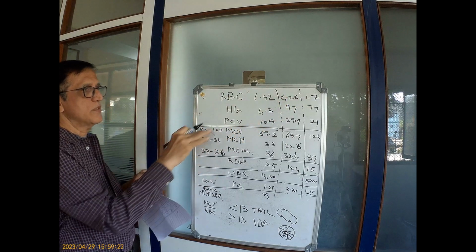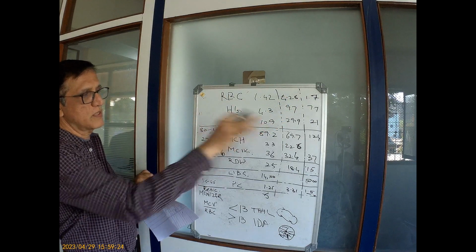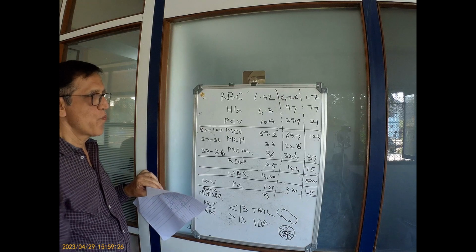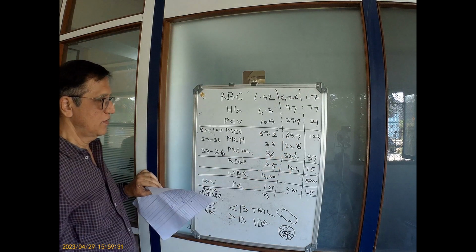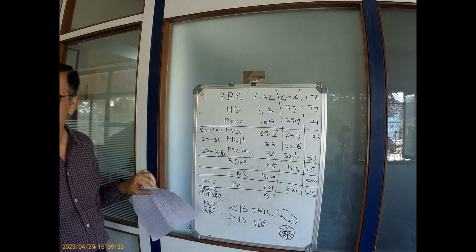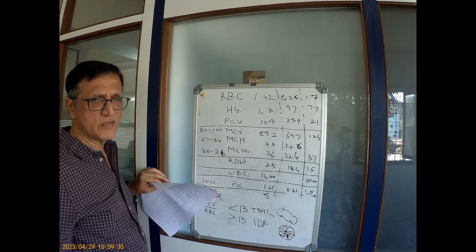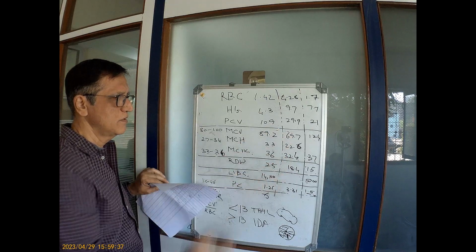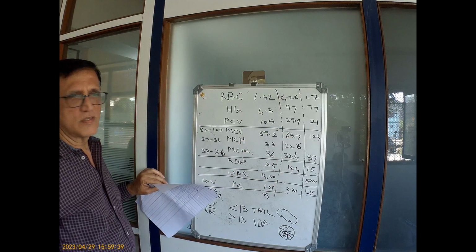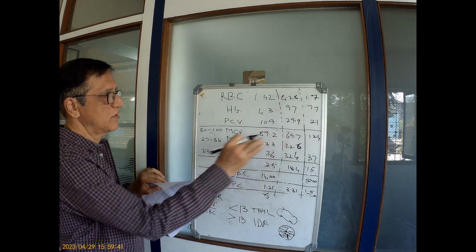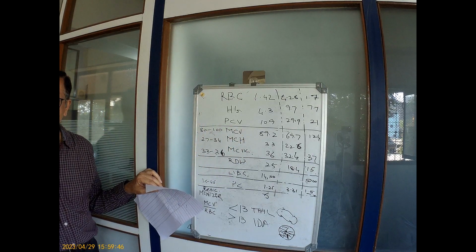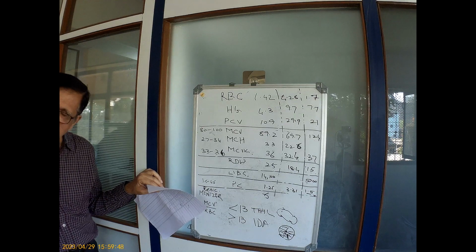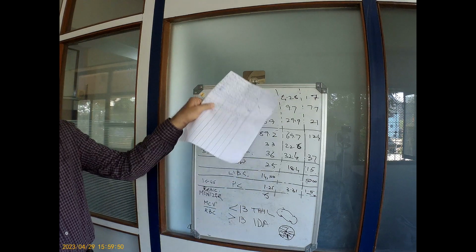RBC marginally depressed, hemoglobin definitely low, packed cell volume definitely low. All three are microcytic, hypochromic anemia, definitely.